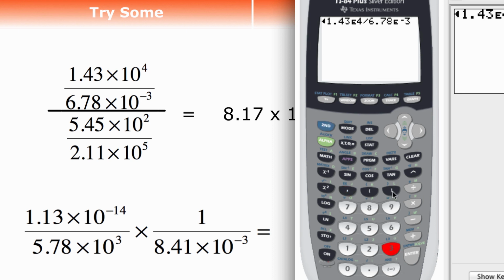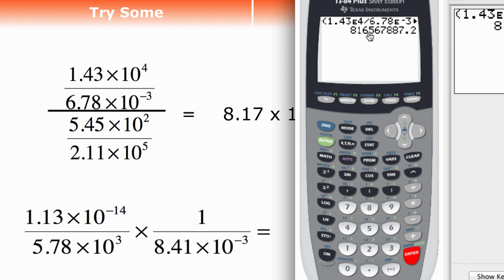And then I'd close the bracket, and then I'd say divide, and then I'd open a new bracket and go 5.45 times 10 to the 2 divide 2.11 times 10 to the 5, close my bracket and say go.